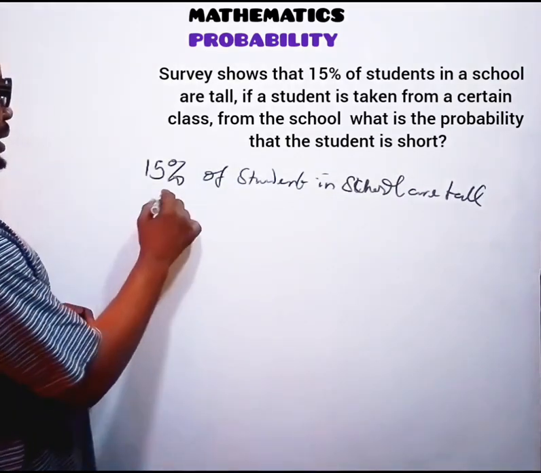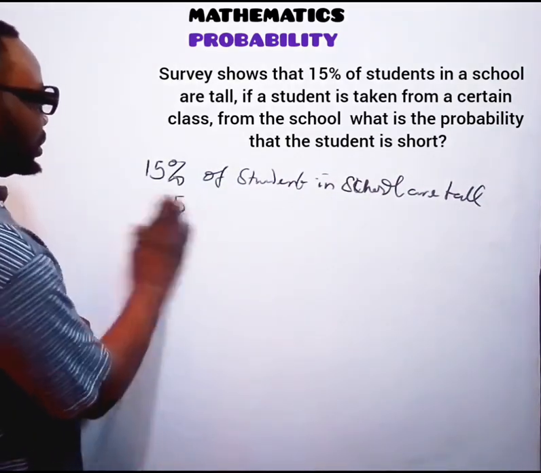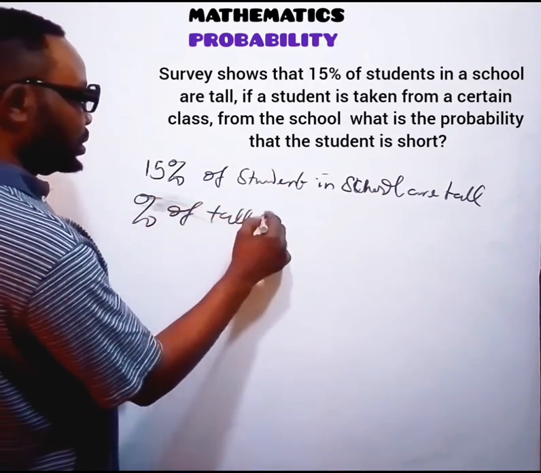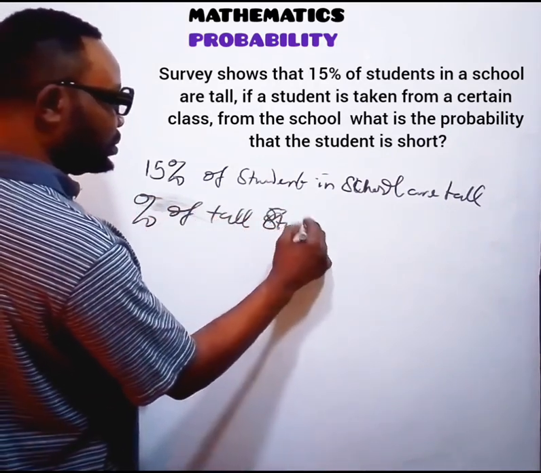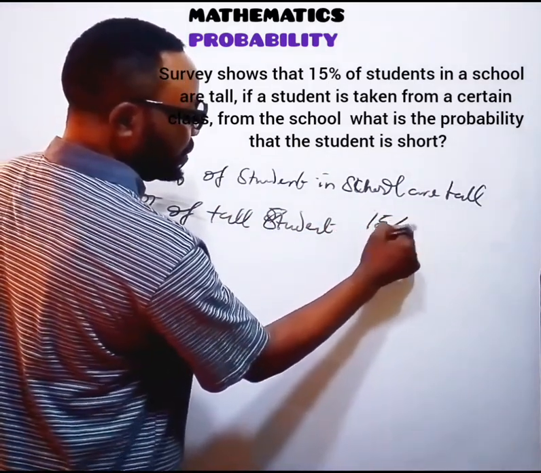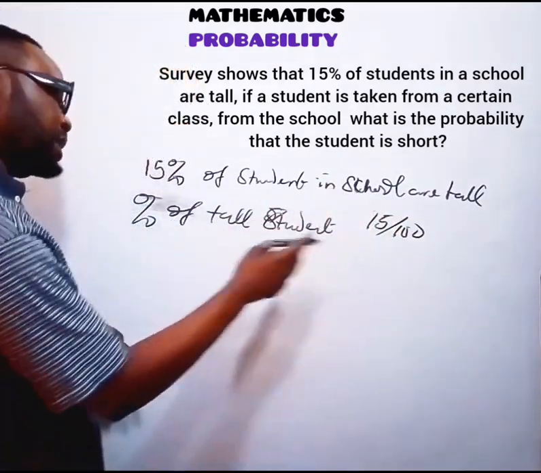So we can say the percentage of tall students, which has been given to us, is equal to 15 over 100, 15%.